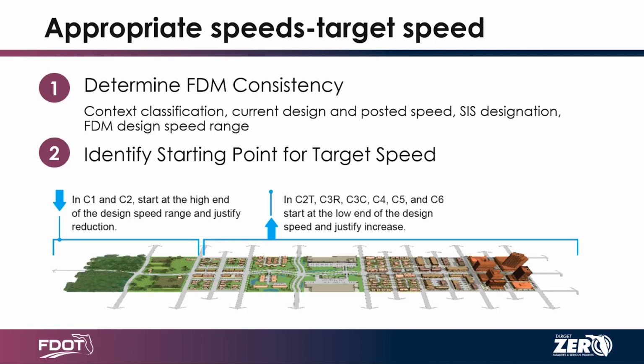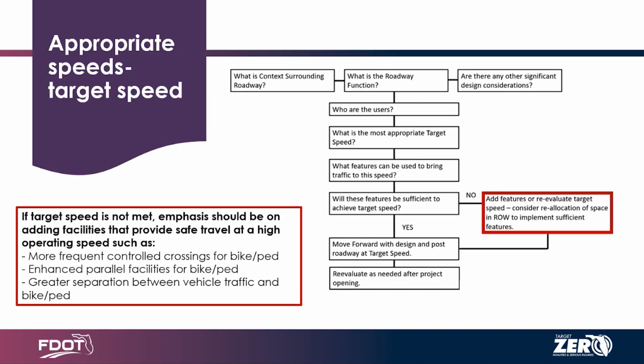So for the appropriate speeds, target speeds, you're going to look for the FDM consistency, and then you're going to look at that starting point for your target speed. Based off of your context, you're going to look at SIS facilities. And then you've got a flow chart here, right? What's the roadway function? You're going to look at significant design considerations, context surrounding the roadway, who your users are, what's the most appropriate target speed.